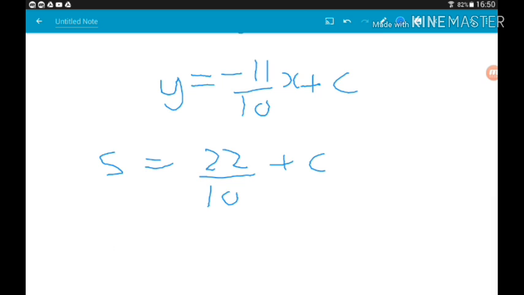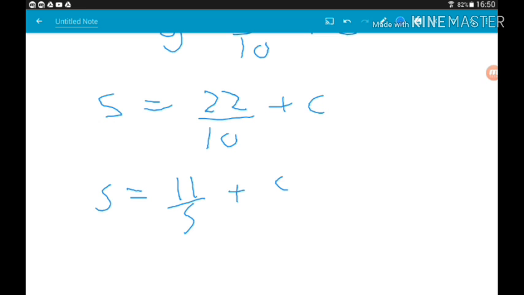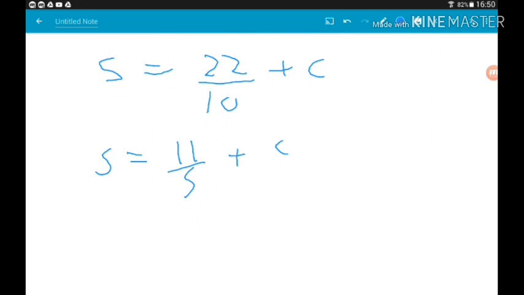We can divide that by 2, so 11 fifths plus c. If we take that away, I would think of 5 in terms of fifths, so 25 fifths minus 11 fifths is equal to c.